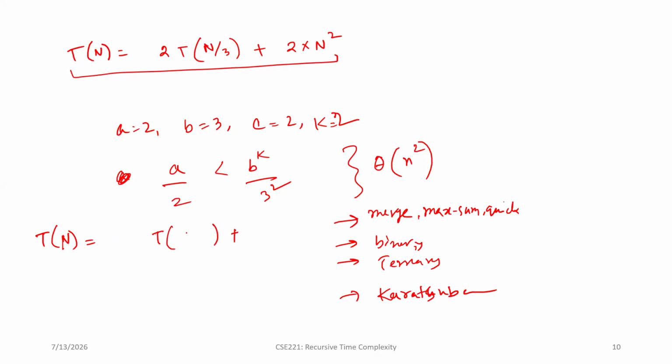I don't know if you remember, but in Karatsuba multiplication, if the numbers are x and y, we take x0 and x1 from it, make two halves of this number, and then make two halves of the other, two equal terms. So the numbers are reduced to n by 2-digit numbers.